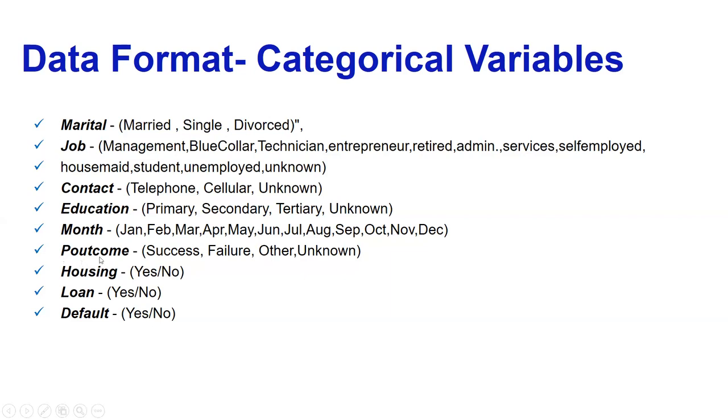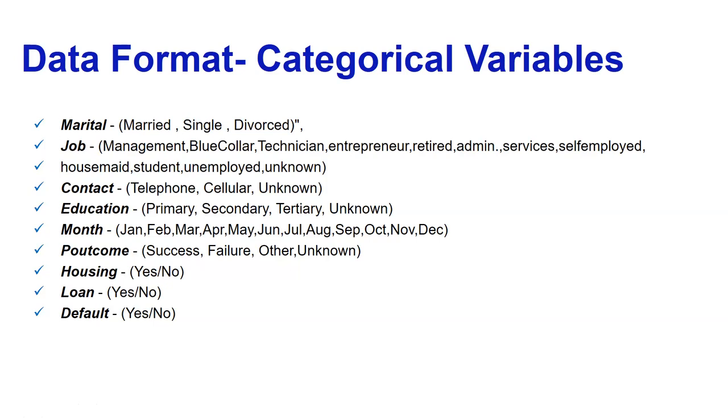Probabilistic outcome, P outcome, that is: upon contacting the customer, some customers answered the call or responded to the email and other contact methods and have agreed to buy the term deposit. They have believed in buying. That outcome is called success. Then the next category is failure, which indicates the marketing team tried to reach out to the customer, but the respondent answered the call but said no, they don't want to buy.